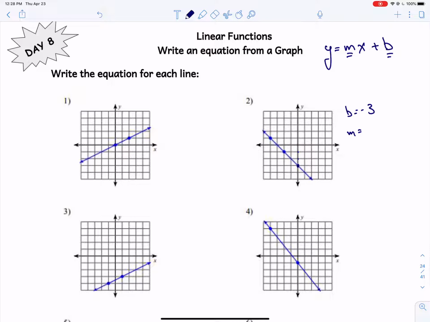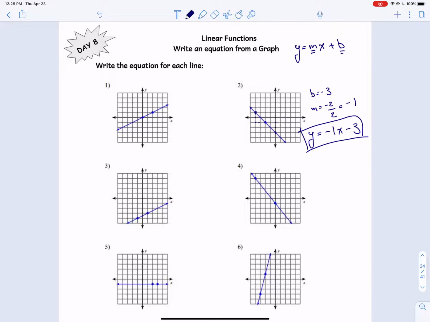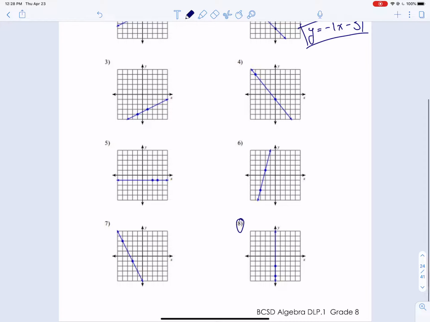So this time we're starting here. We have to go down 2, so down to -2 over 2. We simplify that to -1, so our equation is y equals -1x minus 3. Or you could just say -x minus 3. That's fine too.